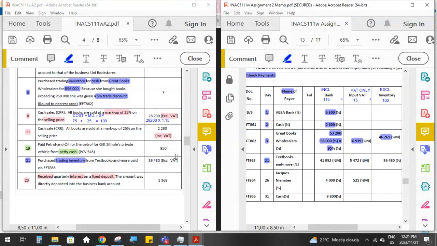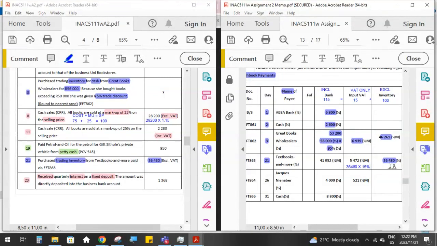Here it is 36,480 excluding VAT, so that 36,480 is going to go under the inventory column because that's the excluding VAT amount. Then we have to take 36,480 multiplied by 15%. You only ever use times 15% when you are working out the amount of VAT that you must add to the excluding VAT amount.